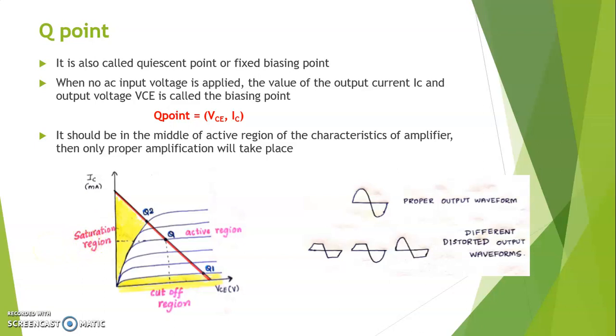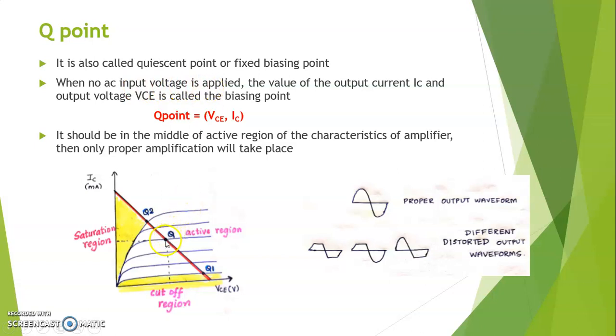If there is no AC input, then the output is only because of DC voltage and DC current, and it is represented by this straight line. This value Q point, which is shown over here, is called the biasing point or the Q point, which means the value of the output current IC and VCE when no AC input voltage is applied.